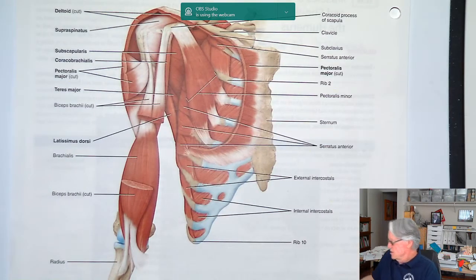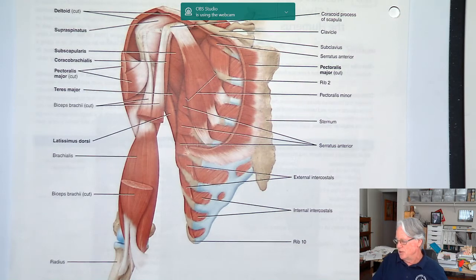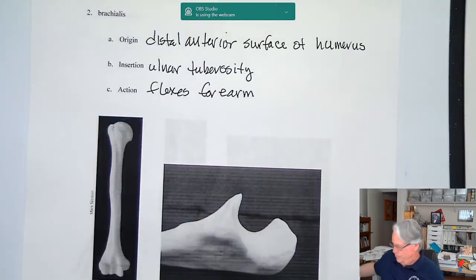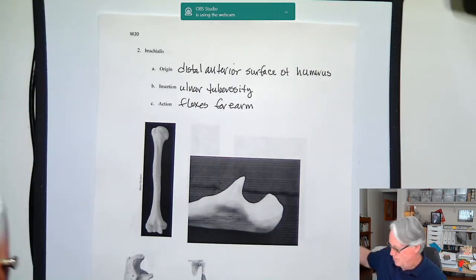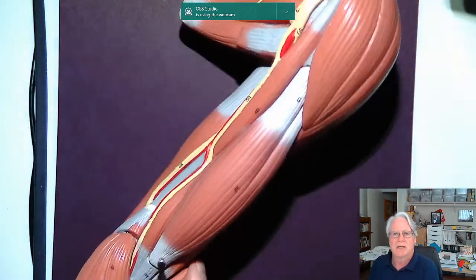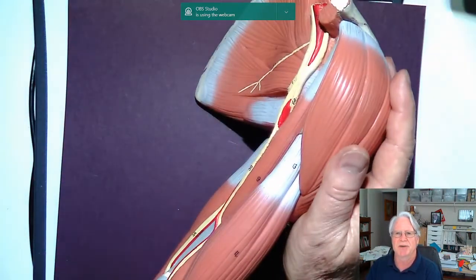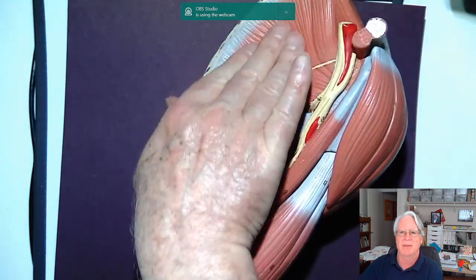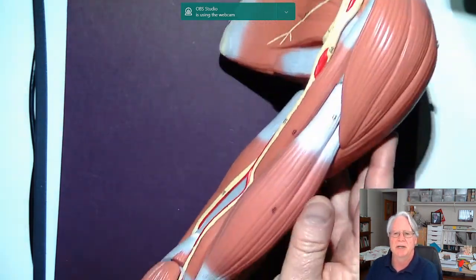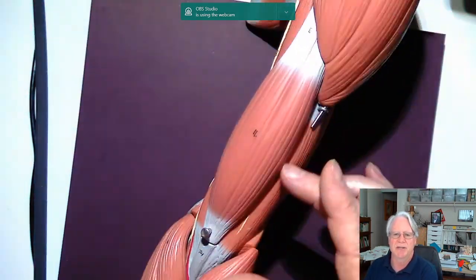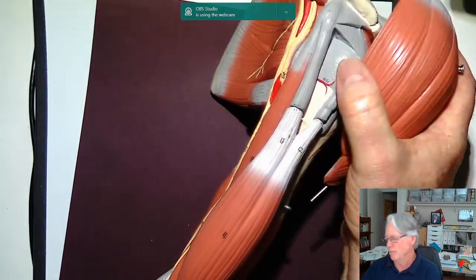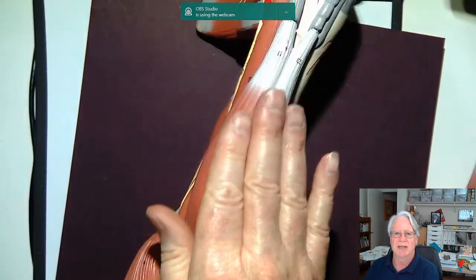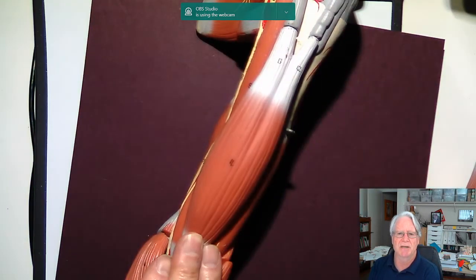Let me go ahead and show you that same thing using a model now. So this is the arm. This is my deltoid muscle. Scapula is over here. And this is my upper arm, and down here is my lower arm. So I'm going to remove the deltoid muscle. And what I see on top is the biceps brachii.